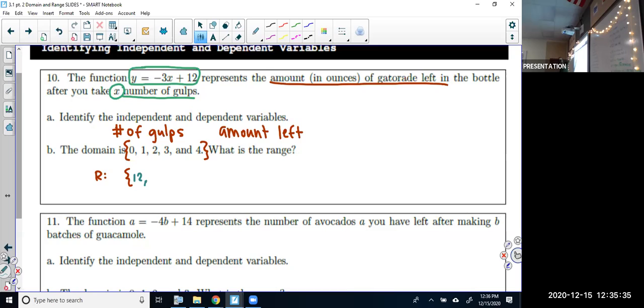Because we plug 0 into the equation, we've taken 0 gulps, we have 12. When I've taken 1 gulp, for every gulp we lose 3 ounces, so there'd be 9 ounces left. When I take 2 gulps, 6 ounces will be gone, so there'll be 6 left. 3 gulps will leave us 3 ounces, and then after 4 gulps, we have finished the bottle of Gatorade.